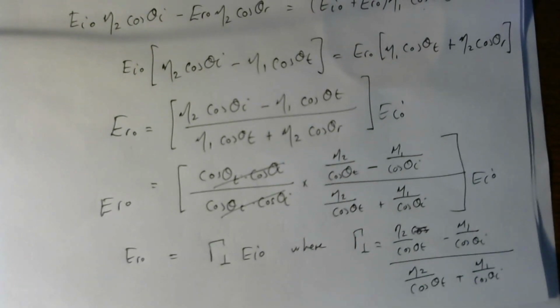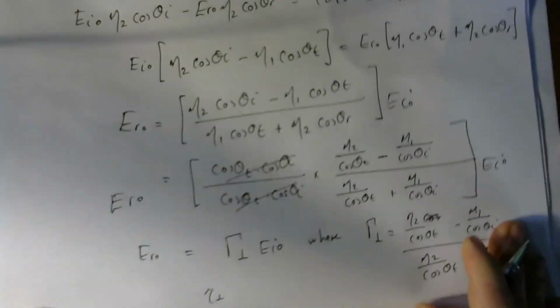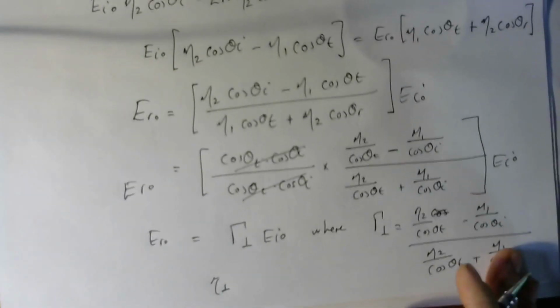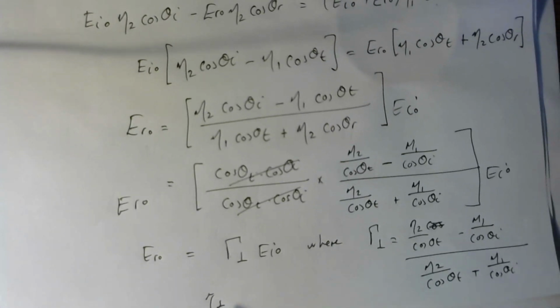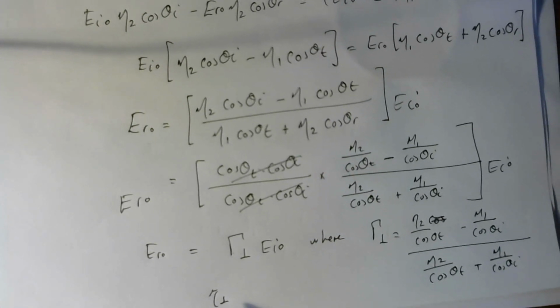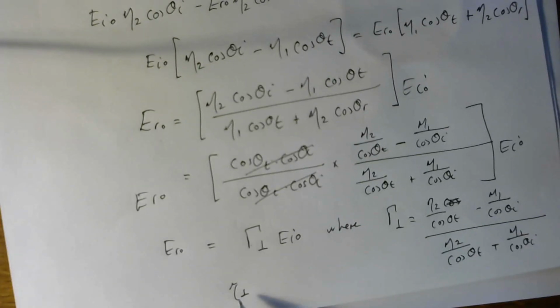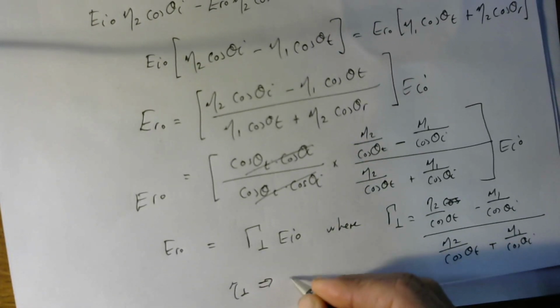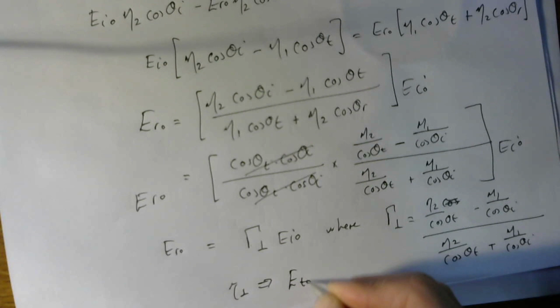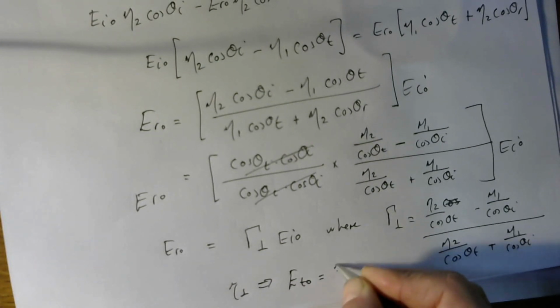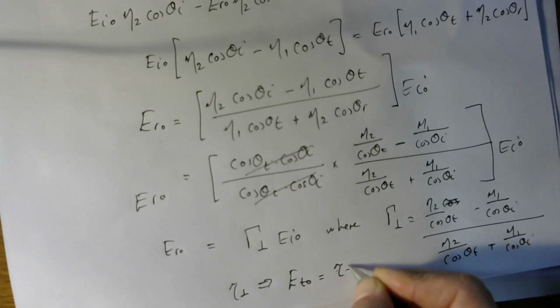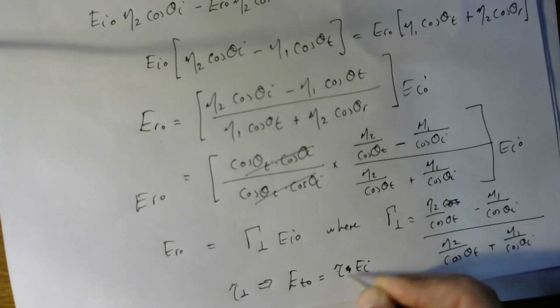Following a similar manner, I can also calculate an expression for the transmission coefficient, which is given by tau. Tau comes in when I relate the transmitted electric field to the incident electric field.